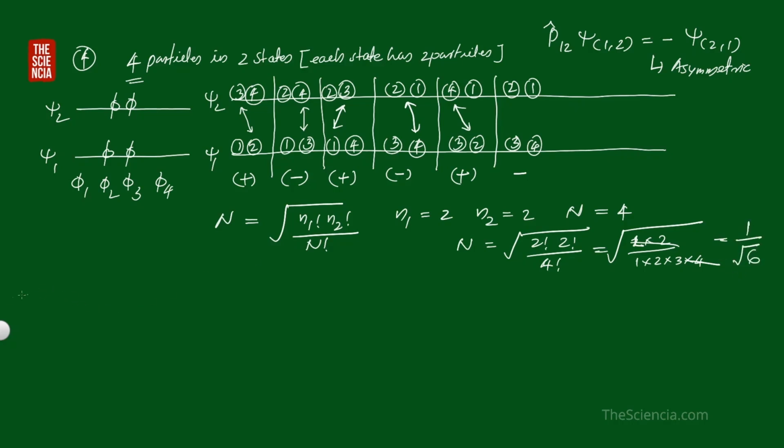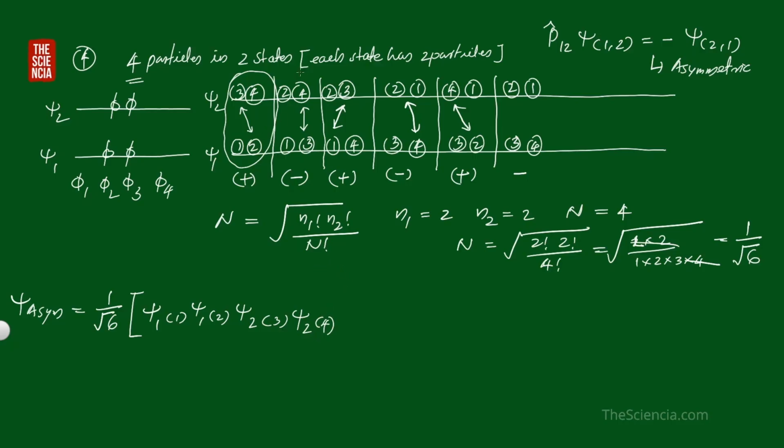So we can write the asymmetric wave function, the space part. That is equal to the normalization constant 1 by root 6 into, first we have to consider this combination, that is in the psi 1 state particle 1 is there, and in the psi 1 state particle 2 also is there, into, in the psi 2 state particle 3 is there, and in the psi 2 state particle 4 is there.